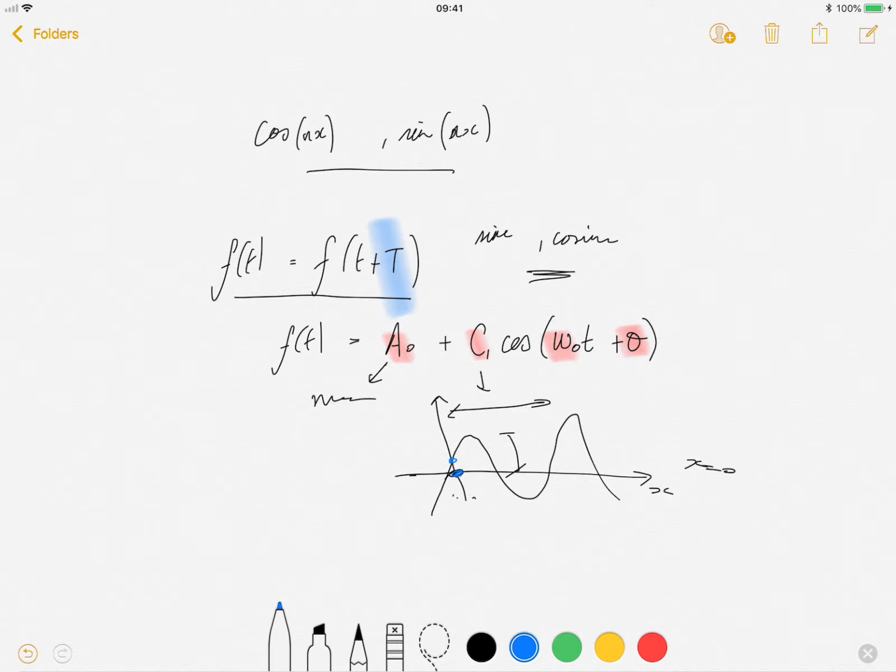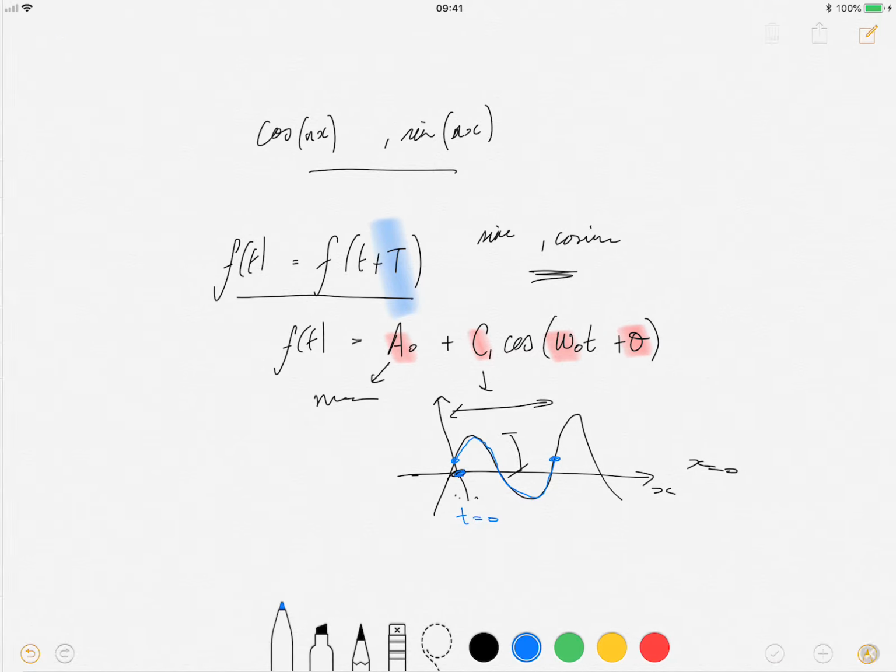So here we would follow this wave until we get to this point in blue. That would be our distance in radians from t equals 0 to the start of our new cycle.